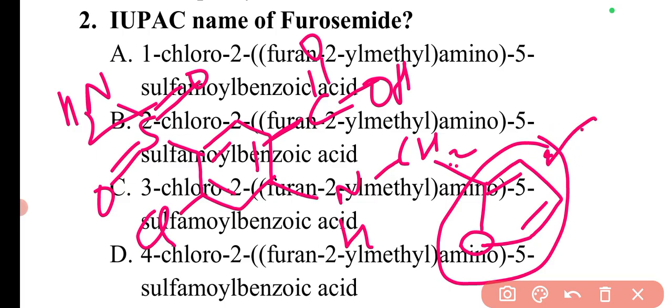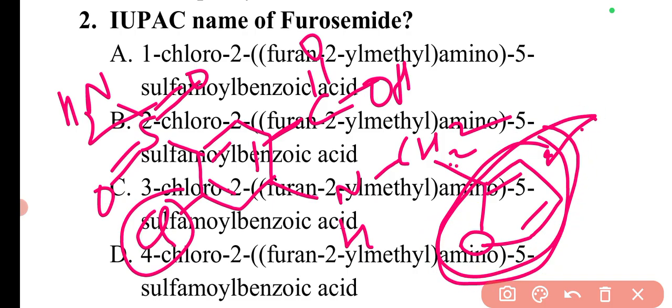And if you want to know the position, this is the fourth position, which has the chloro group. And at the second position, it has furan-2-yl methyl, so this is a methyl group, furan-2-yl methyl, and this is an amino group.